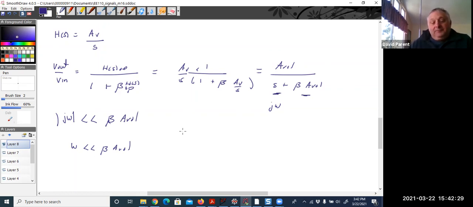And here's the thing, beta is inversely proportional to the gain. So if you have a high gain, beta is small, and that means omega has to be small, right? So if beta equals 1, because the gain is 1, we can get a much larger frequency than if the gain equals 10, beta equals 0.1, 0.1 times open loop.